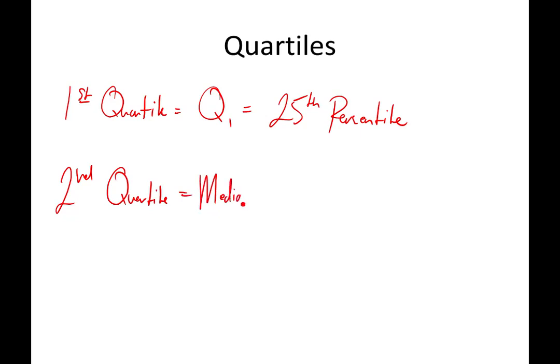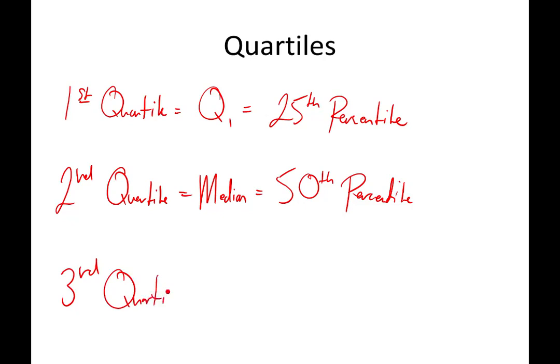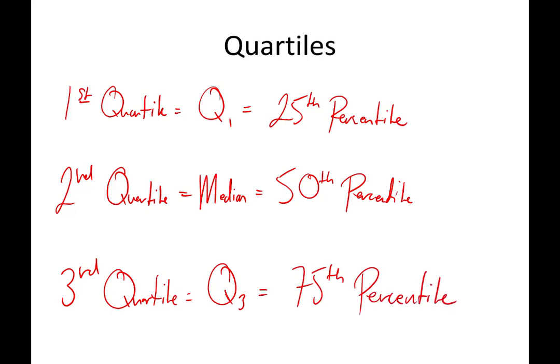We just talked about it, right? The median. The median is the 50th percentile. And then if you go up another 25%, the third quartile, we call that Q3, and that would be the 75th percentile. So the median is the middle, and then Q1 and Q3 cut the data into the other chunks, into basically fourths. Okay?